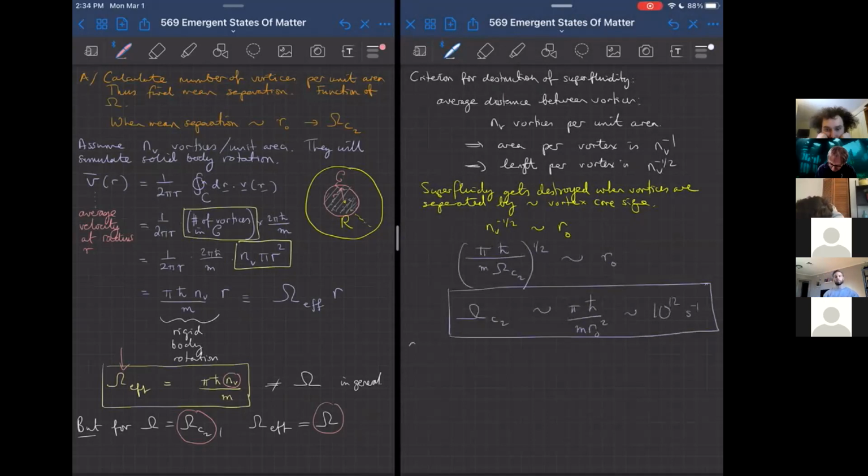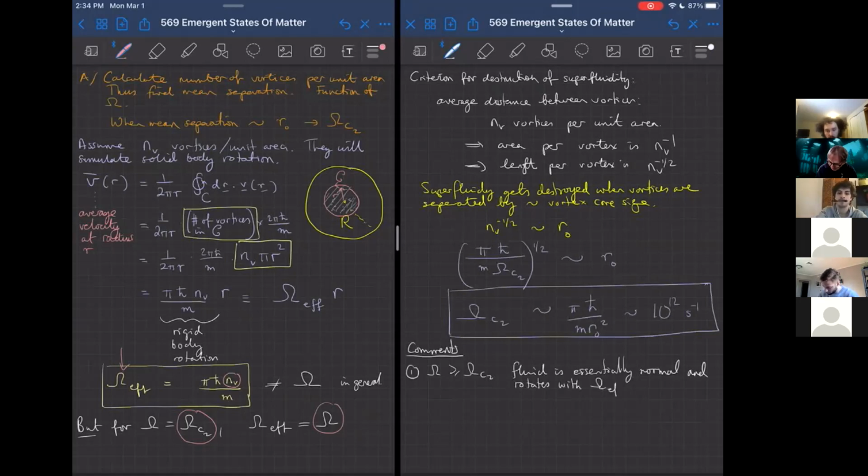So, comments. The first comment is when omega is greater than this omega c2, the fluid is essentially like a normal fluid, and rotates with omega effective exactly equal to the actual rotation rate that you're spinning everything at.